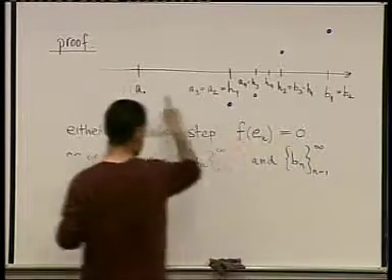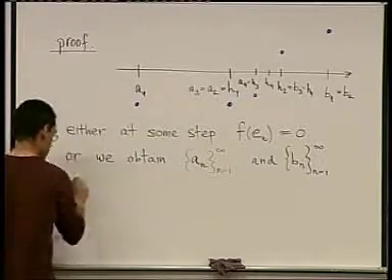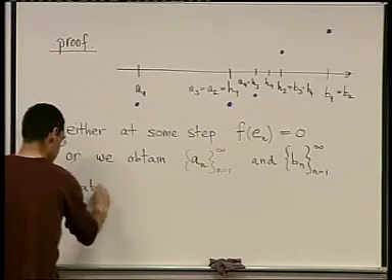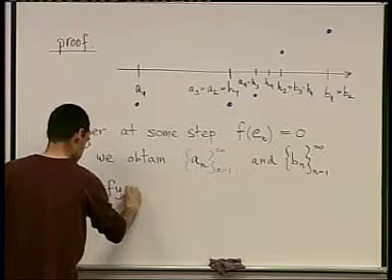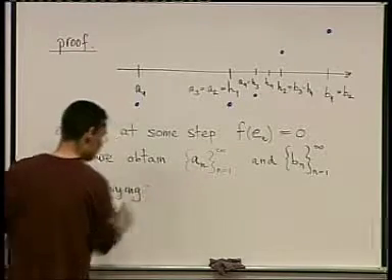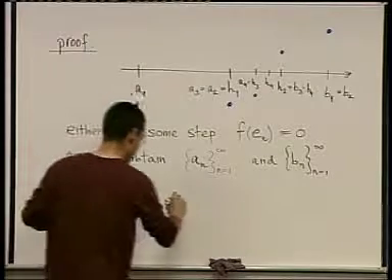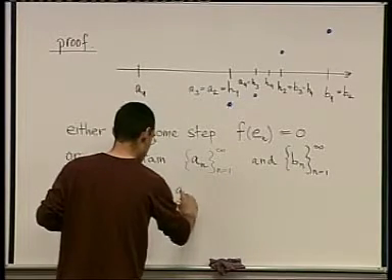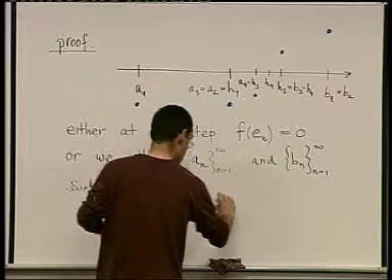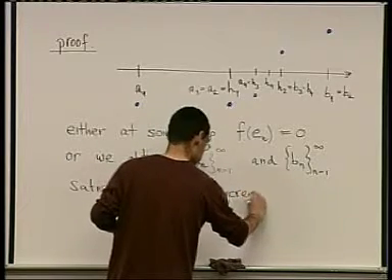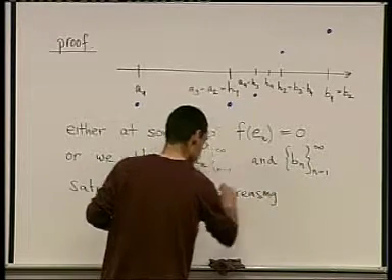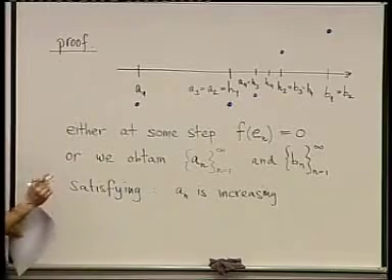So we obtain two sequences, the A's and the B's, satisfying, so the first thing they satisfy is that AN is increasing. Not strictly increasing, but increasing.